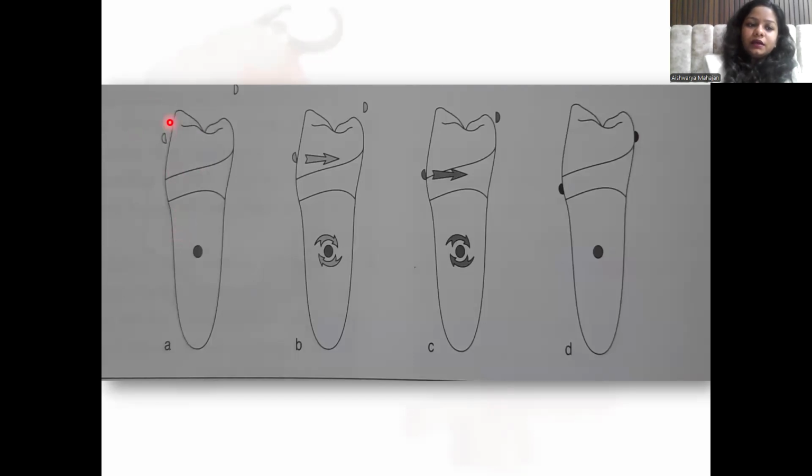When the retentive arm crosses the height of contour, it imparts force in the opposite direction and rotational movement occurs at the center of rotation. If it is counteracted by the reciprocal arm, this rotational force will be managed and periodontal destruction of the tooth will be prevented.